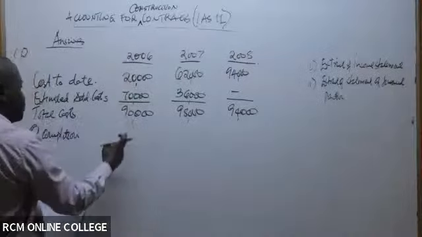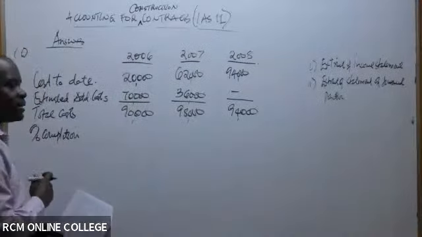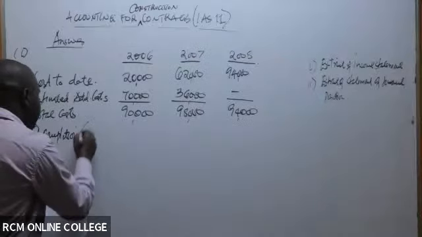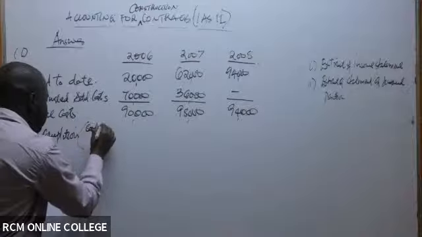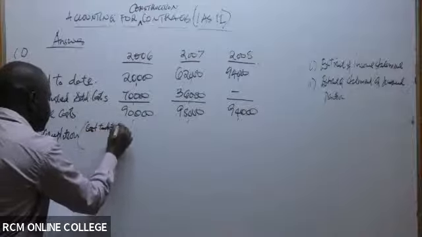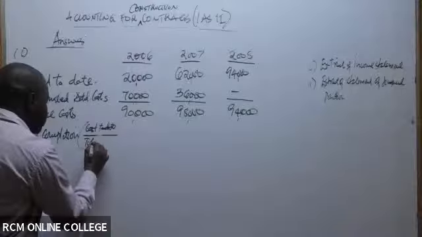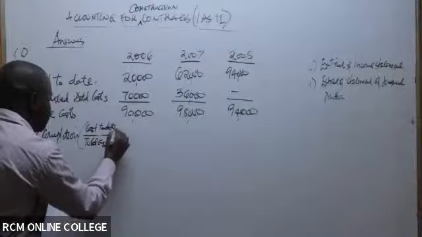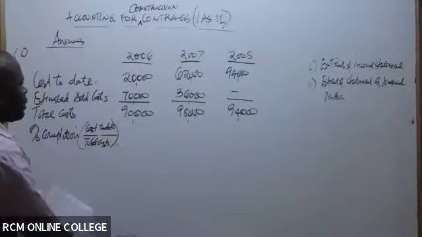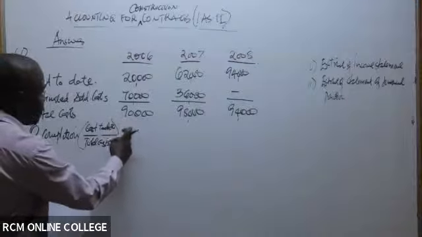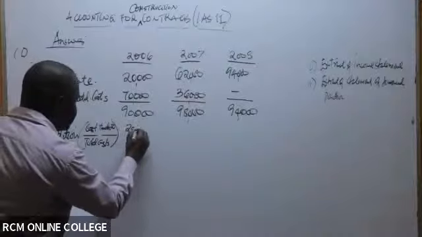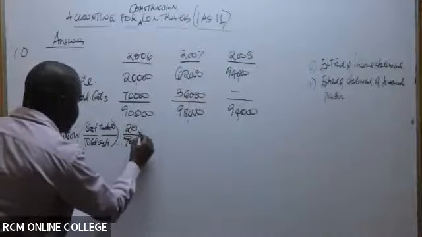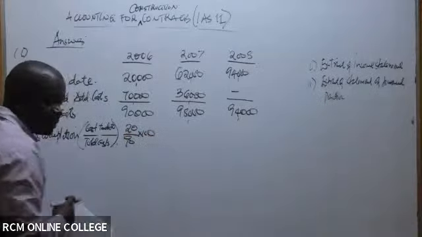It means in the first year 2006, for us to know the percentage of completion, you can put the formula there. Cost to date divide by total costs. It means here it will be 20 over 90 multiply by 100%.